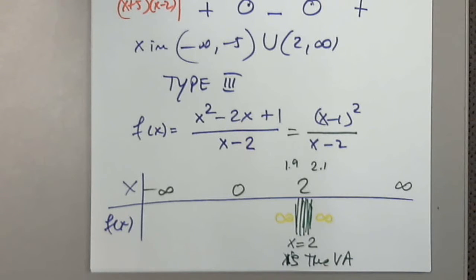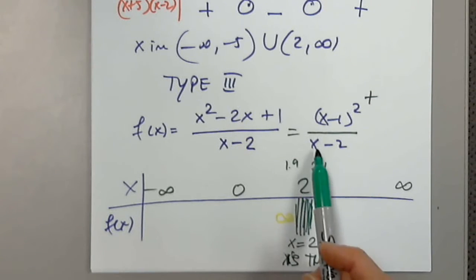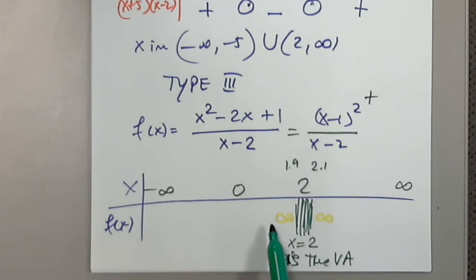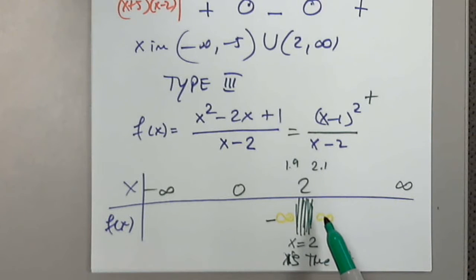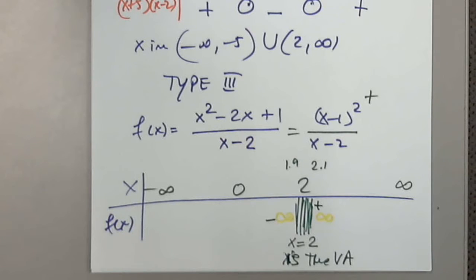Right. So don't waste your time plugging in anything in the top. So let's plug in 1.9 and give me the sign here. Very good. Please plug in 2.1 and give me the sign here. Good. We all agree? Good.